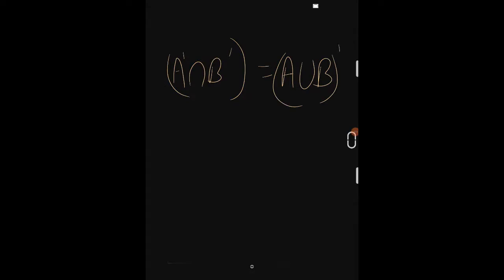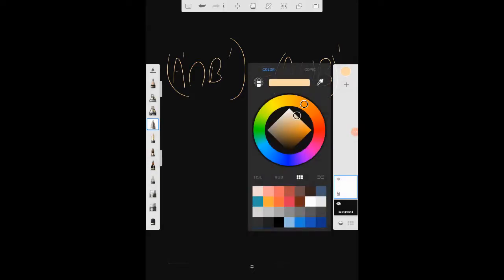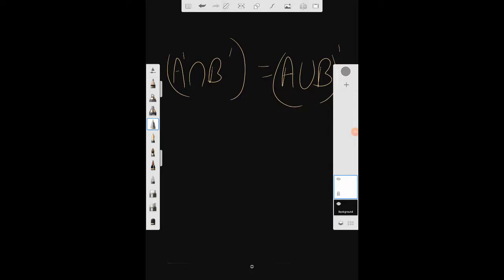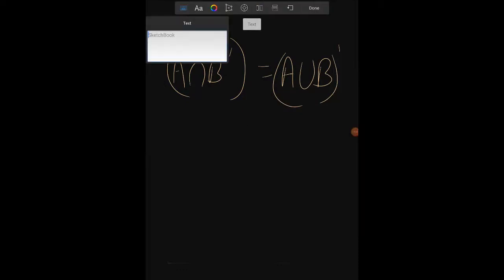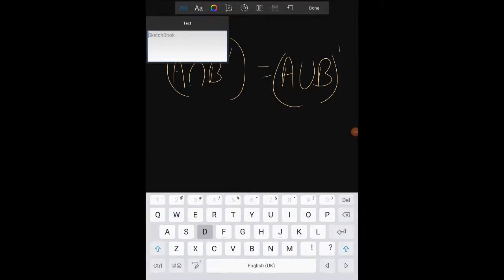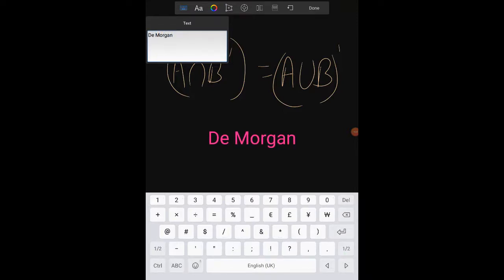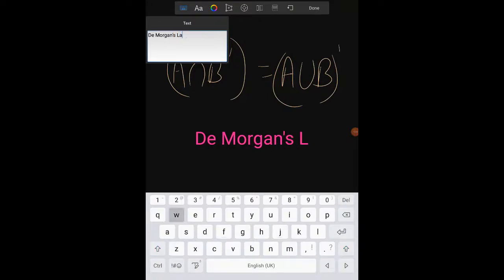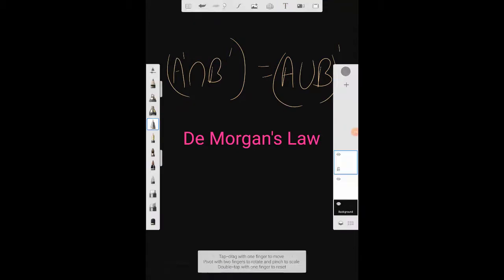Now this law is called De Morgan's law. This portion is called De Morgan's law.